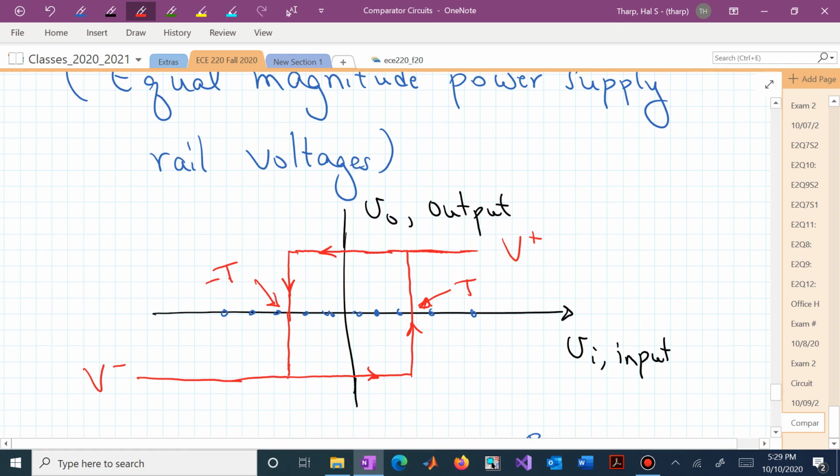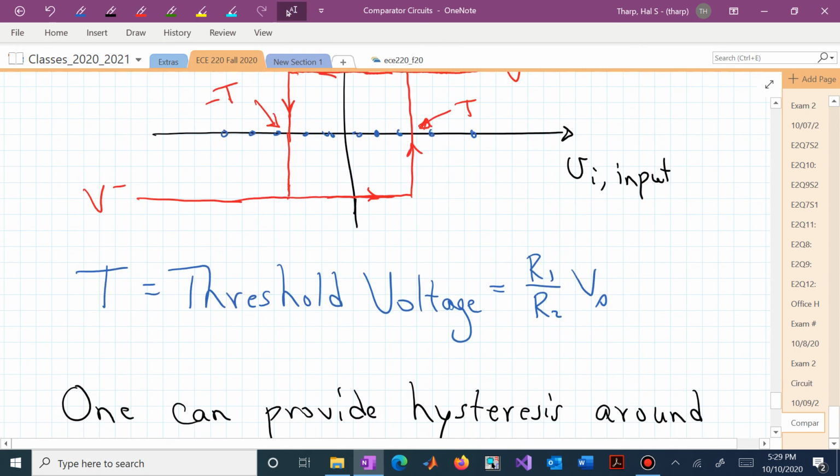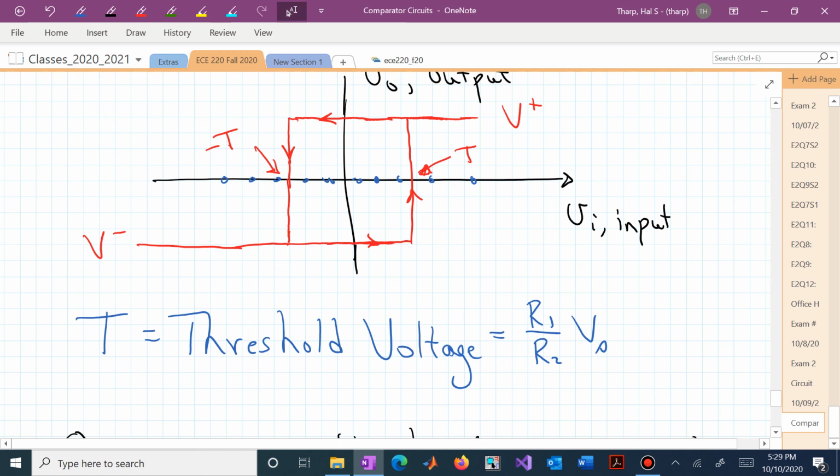Then you would stay at V plus. But if you were actually at 0 and you moved to V sub I of 0.1, then you would be down here and you would be at V minus. This picture now shows us this hysteresis pattern, that it depends actually on where you came from relative to where you are at with your output.